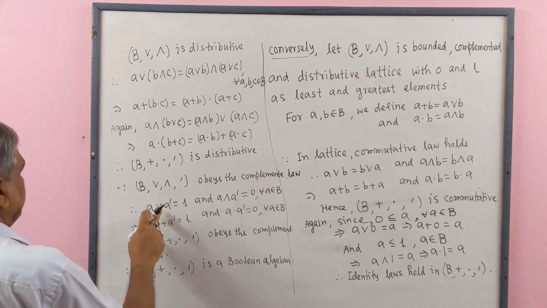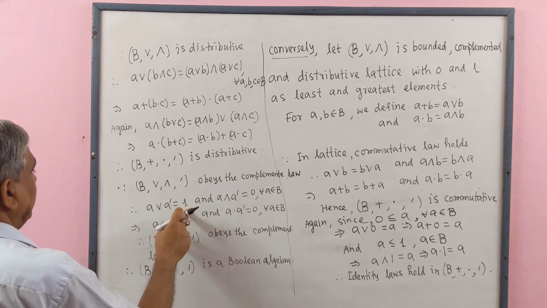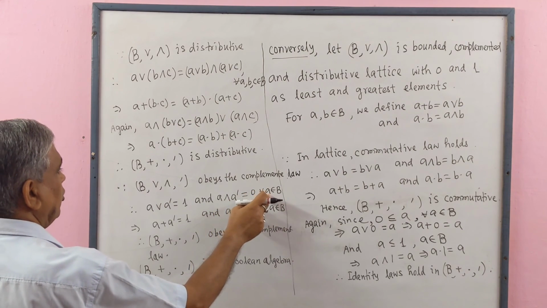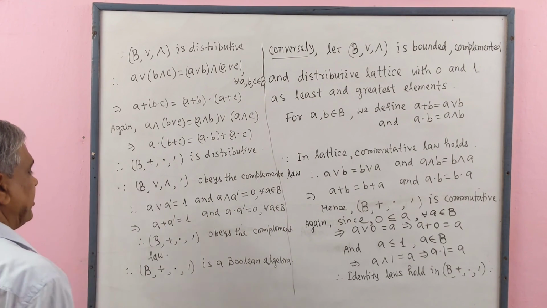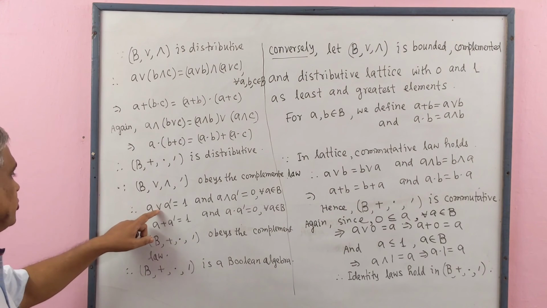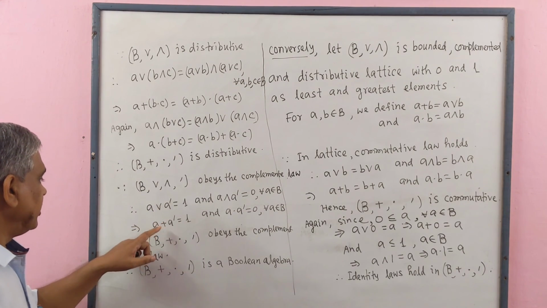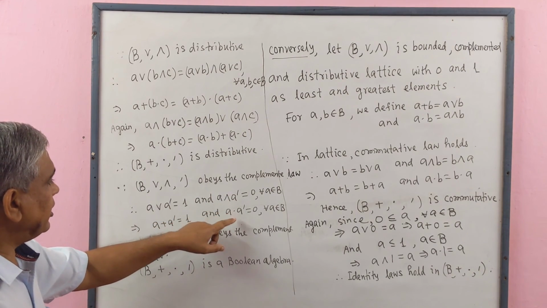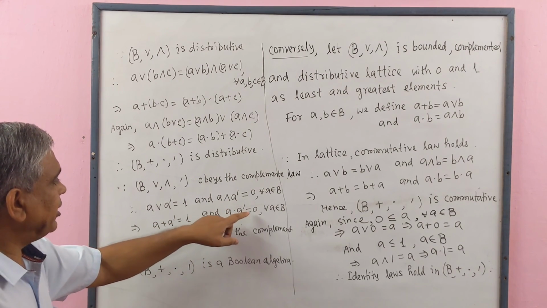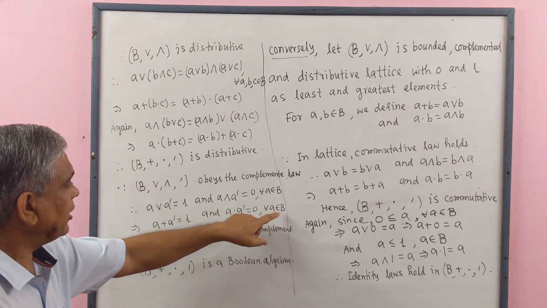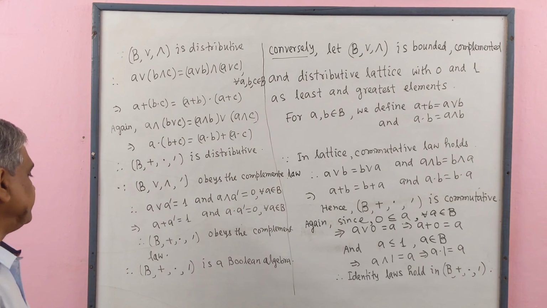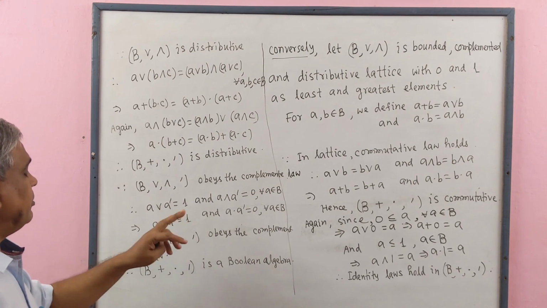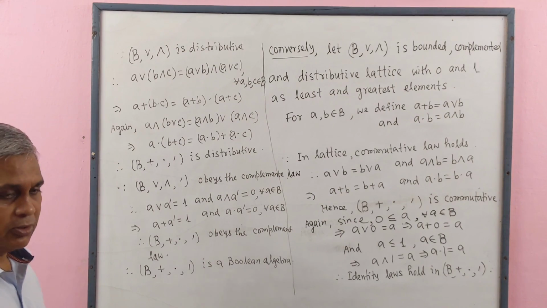Therefore, A join complement of A equal to 1 and A meet complement of A equal to 0 for all A belongs to capital B. In place of join, we write plus, A plus complement of A equal to 1 and in place of meet, we write dot, A dot complement of A equal to 0 for all A belongs to capital B. Therefore, B with plus, dot and complement obeys the complement law.